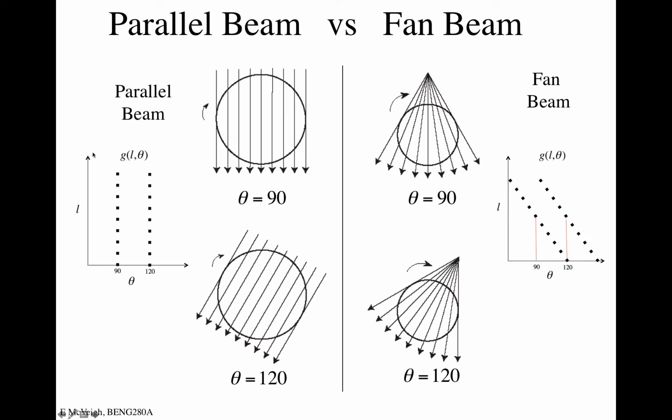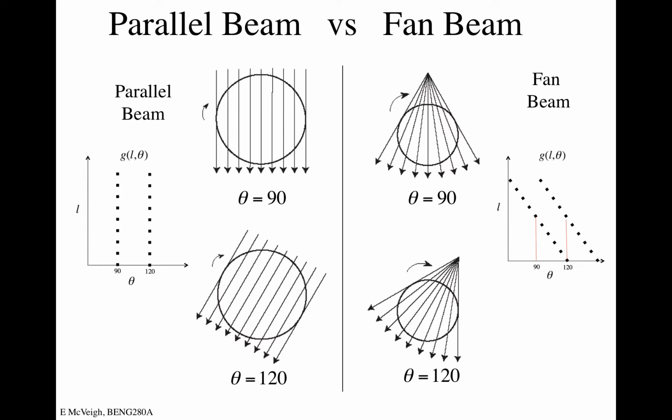I'm going to fill out this G of L theta space, and with that one projection, I'm filling out that line right there. And then I rotate, click to go theta equals 120. I measure my data along L, and I get that data there. So I'm going to do that about 500 times and just fill in this whole plane of G of L theta. That's going to be called a sinogram.